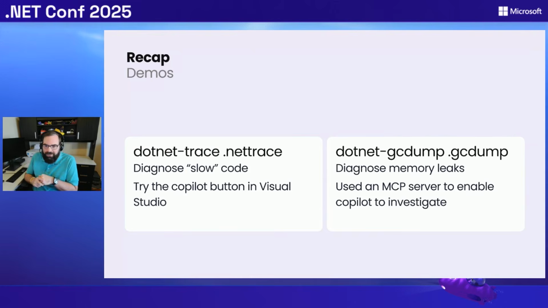And .NET GC dump is the tool I use to diagnose a memory leak, and I used an MCP server to let Copilot investigate. That server I made is just a prototype, but we're looking into making it a real product that everyone can use. So be on the lookout for when that exists. We're hoping that all .NET developers can use it when it's ready.